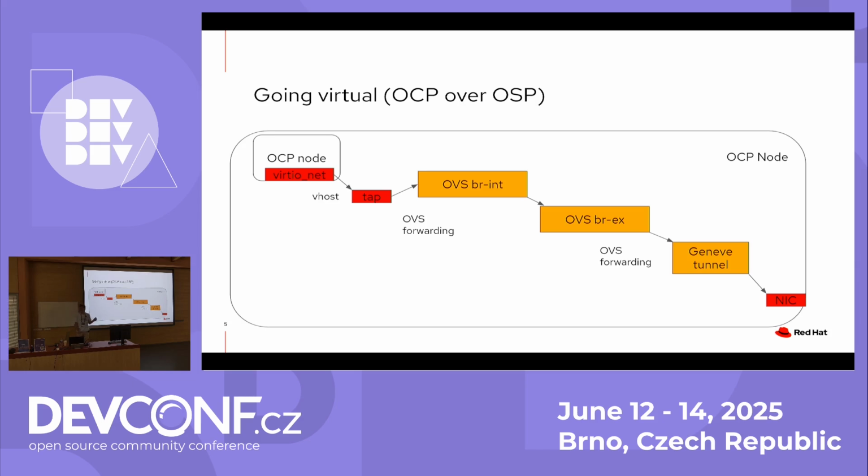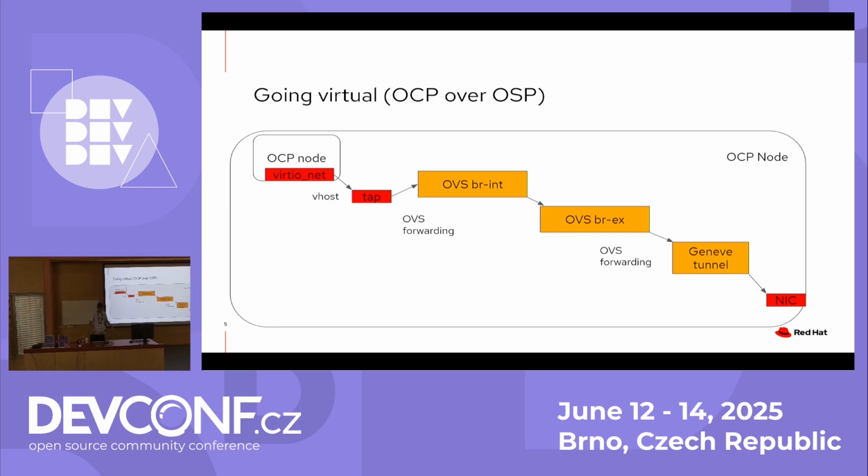The tap device is inserted in an OVS bridge. And from now on, the forwarding is quite similar to the OpenShift architecture. Most notably, there is a second Geneve UDP tunnel. So packets go through two levels of UDP encapsulation before finally reaching the wire, thanks to the hardware NIC in the bottom right corner.